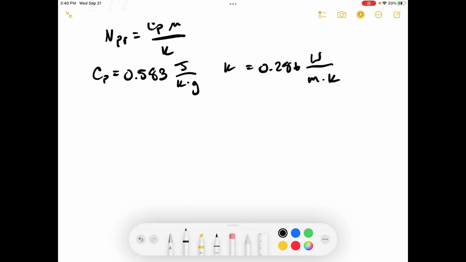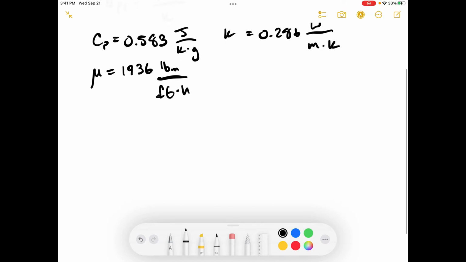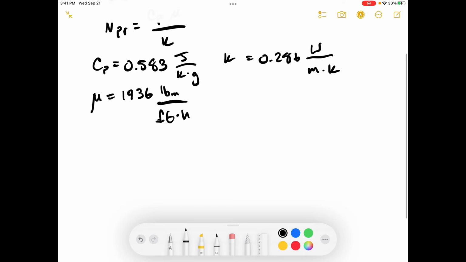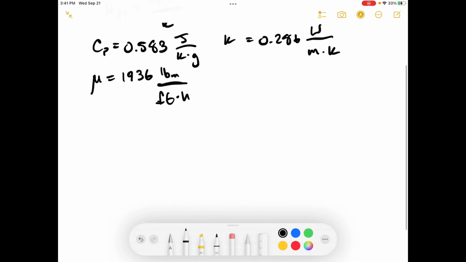In the problem statement, it actually uses Celsius, but Celsius and Kelvin are interchangeable in this scenario, so I'm just using Kelvin instead of degrees Celsius. Okay, so those are the constants that it gives to us. Now we just need to combine them all and make sure all the units cancel.